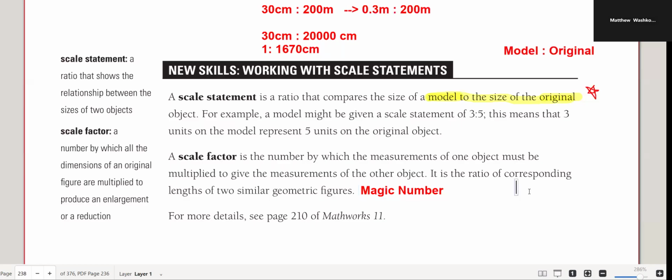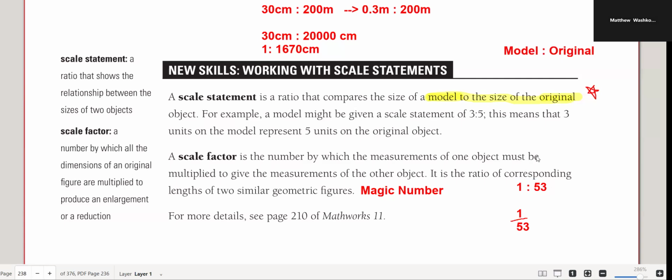For example here, the model car's headlight is like 1 to 53. This is an example here of a scale factor. It's 1 to 53, and it can be expressed as either a fraction or as a ratio in this case.